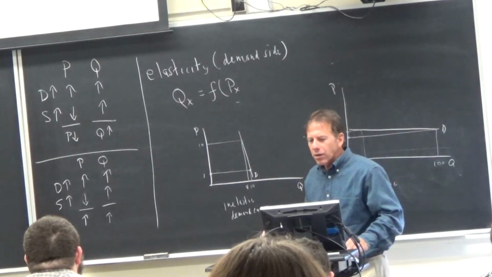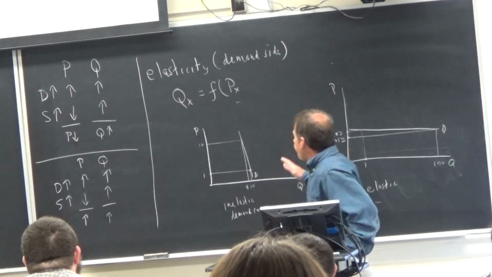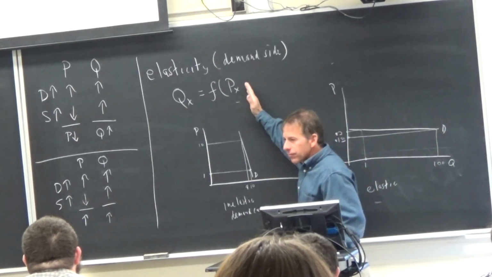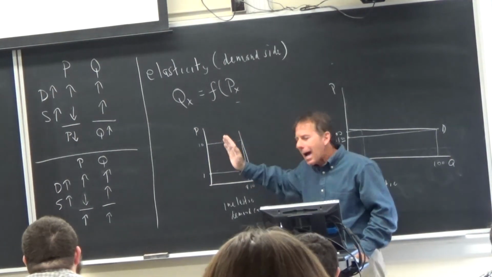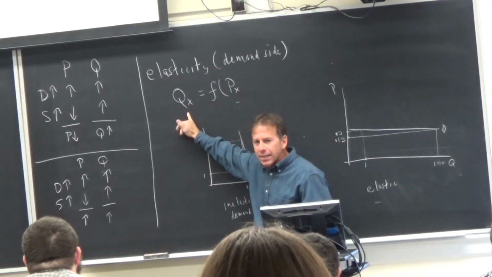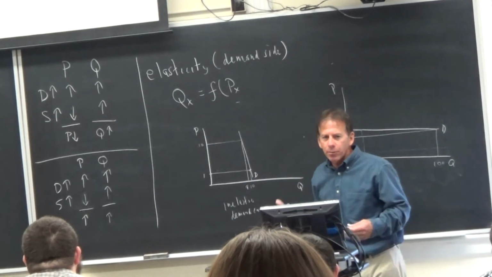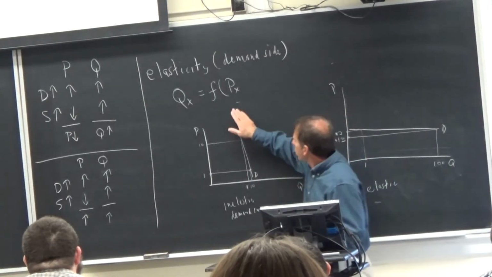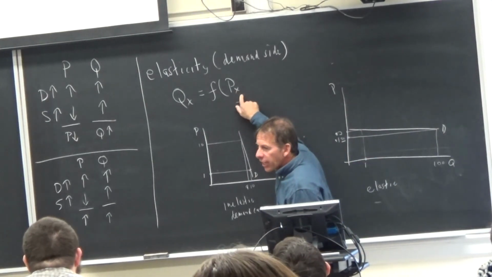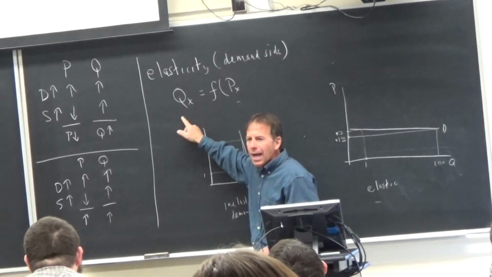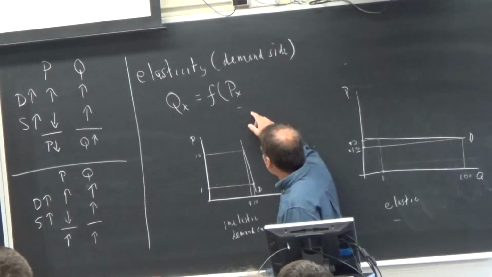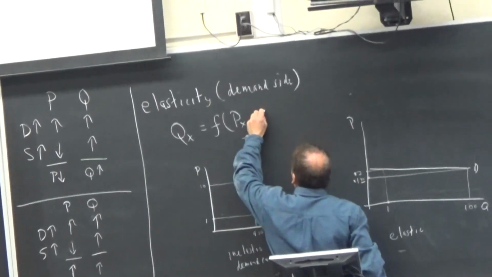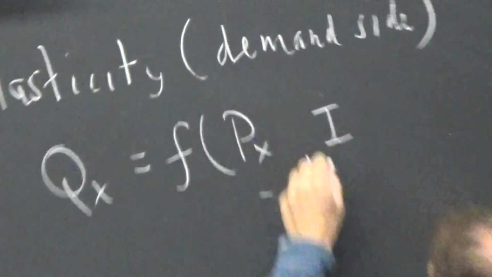So what we're going to do is spend time looking at this factor here, the first factor that we're going to look at, and how it impacts the quantity is going to be called the arc price elasticity. The way we do it is we change the price and we see what happens to the quantity. That's called arc price elasticity. And then we're going to look at income elasticity.